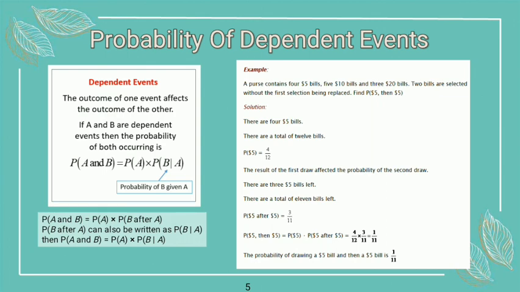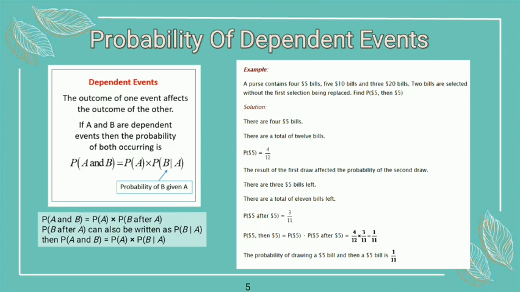The result of the first draw affected the probability of the second draw. There are 3 $5 bills left and a total of 11 bills left. The probability of $5 after $5 equals 3 over 11.